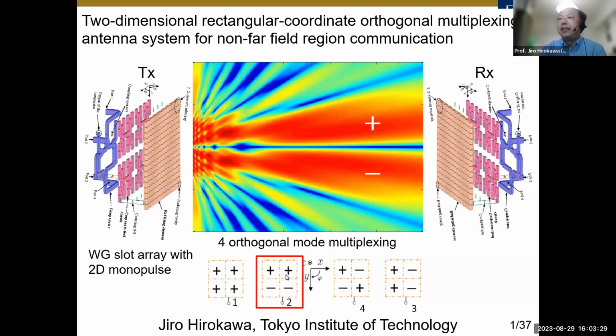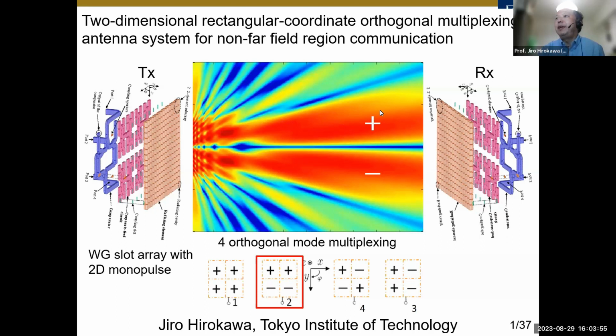For instance, we have mode 2 excitation in the two-dimensional monopulse circuit on the TX side. This subarray makes 2 beams as shown in the center figure, and these 2 beams have opposite polarity.